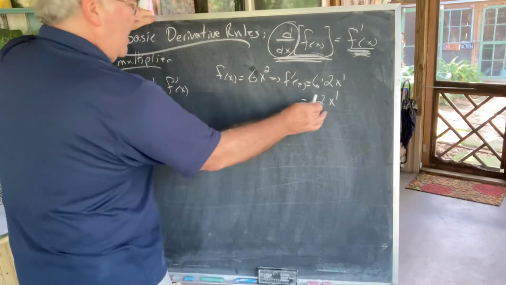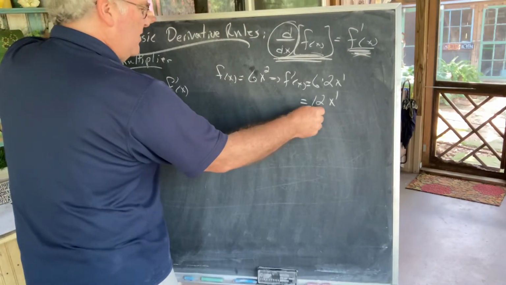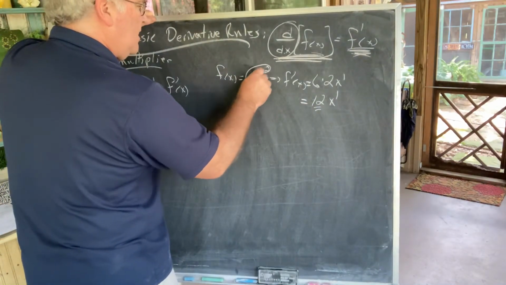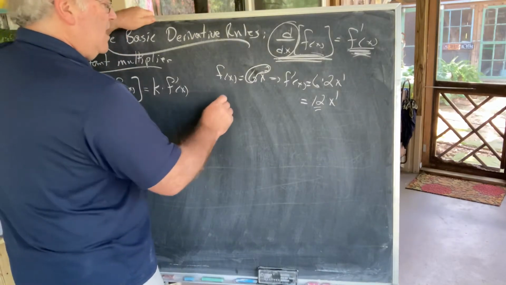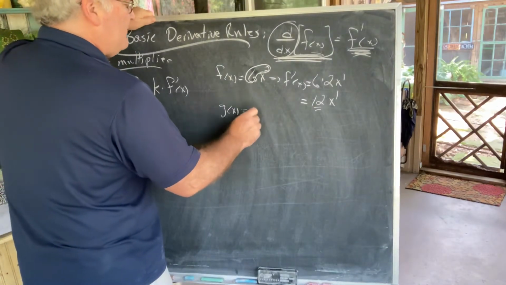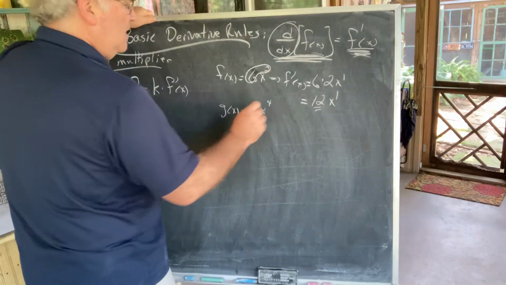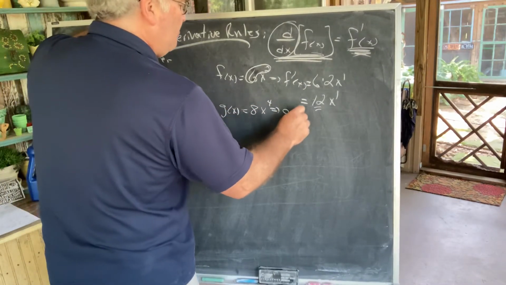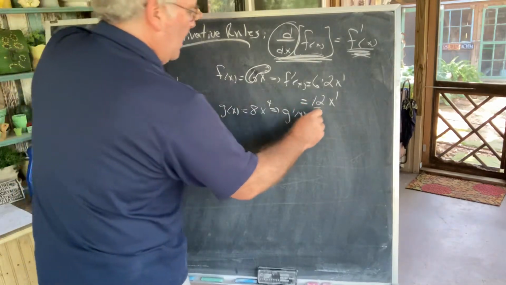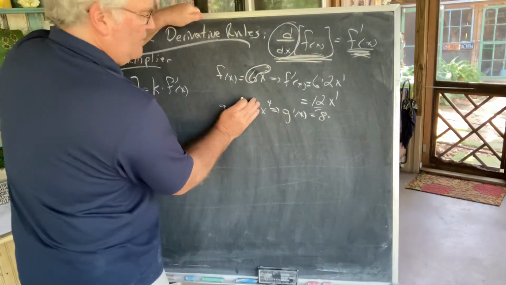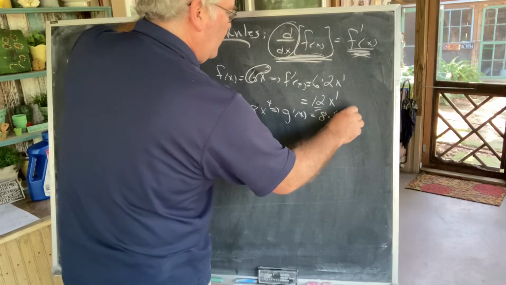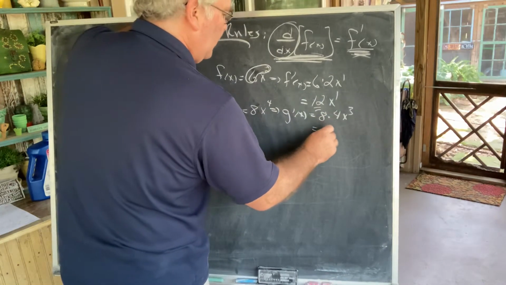Now the net effect: this 12 is 6 times 2. Similarly, if I have 8 times x to the fourth, then g prime of x is given by 8 times the derivative of that, which is 4x to the third, but 8 times 4 is 32.